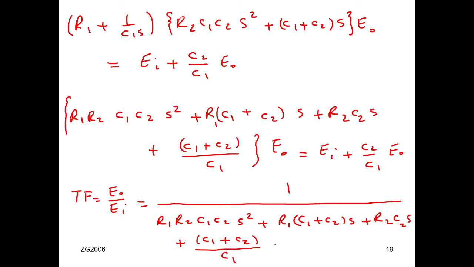Yes. And one more term here, don't forget about it, minus C2 over C1, right? I hope this is correct. So C2 over C1 will cancel with plus C2 over C1, right?